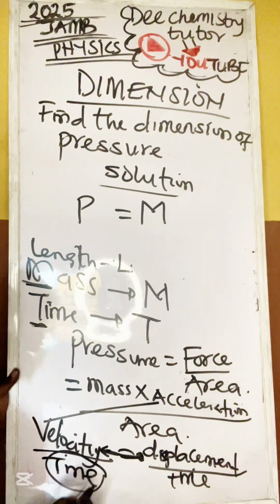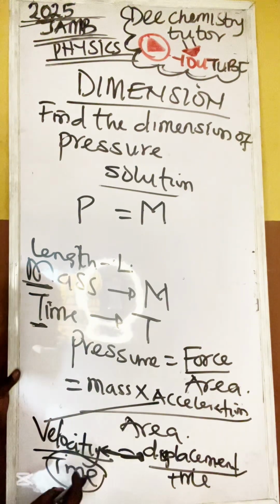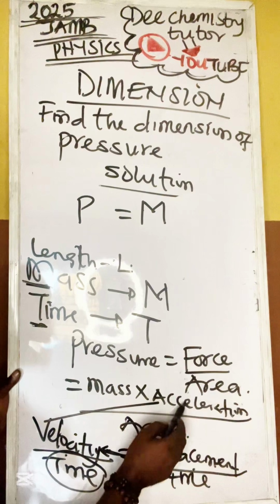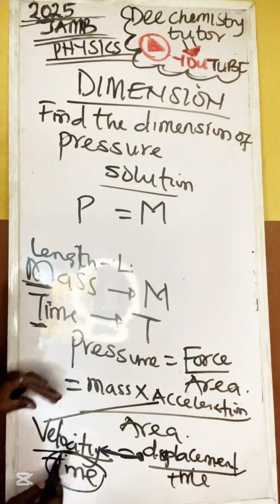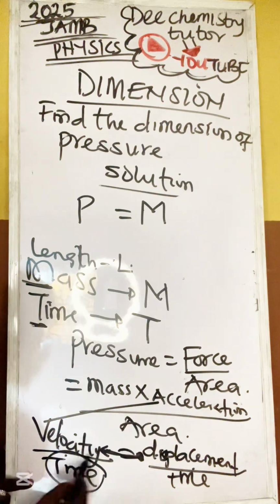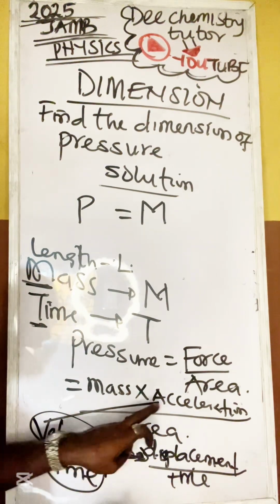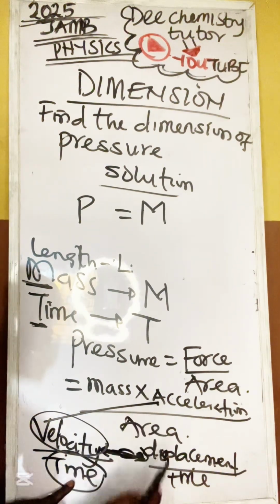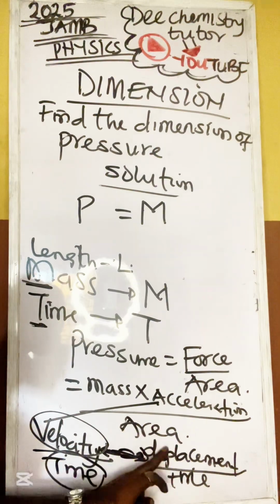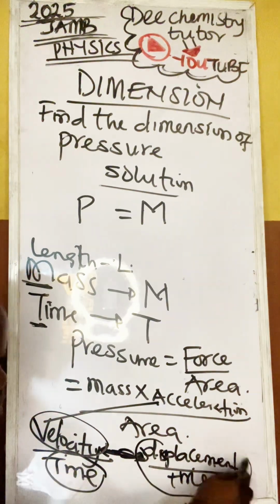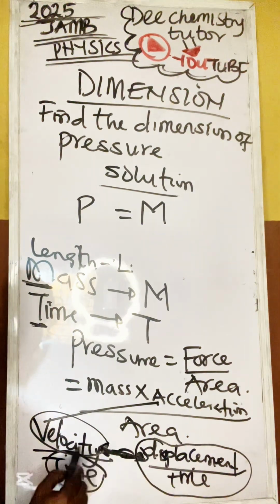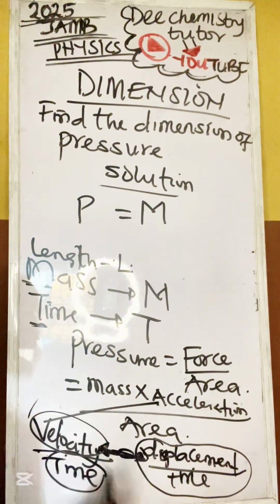Then you can see that velocity over time is acceleration, and velocity itself is displacement over time. So from here you can see how we link up to this and how this becomes acceleration.